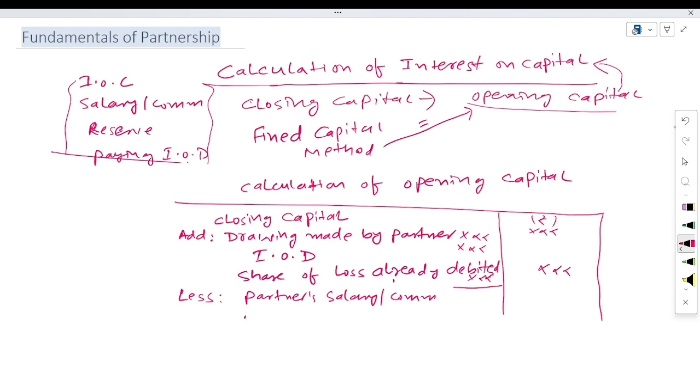If you have any share of profit already, if it is already credited, share of profit.